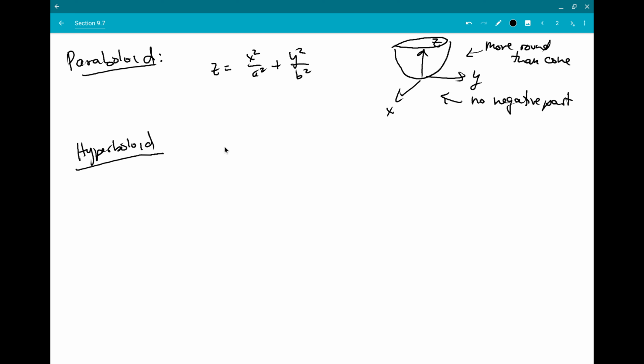Which is when we have x squared over a plus y squared over b minus z squared over c equal to, it can be plus or minus 1. So let's go ahead and do minus 1 first because it looks a little bit more like that one.